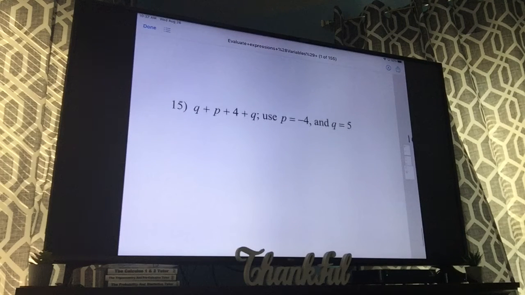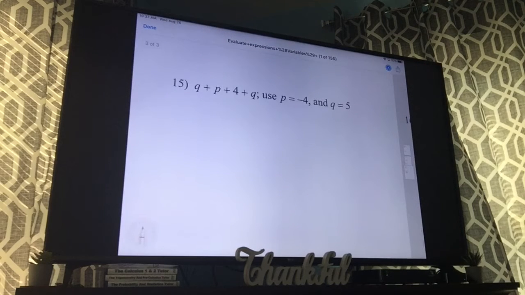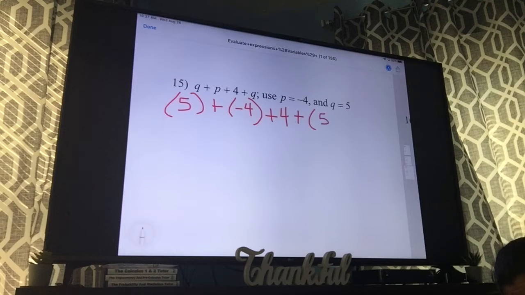Okay, 15 says Q plus P plus 4 plus Q. So our Q is 5, plus our P is negative 4, plus 4 plus our Q again, which is 5. Okay, in this one the parentheses kind of don't really matter. It's just a general rule of thumb that a negative trumps a positive. So 5 plus negative 4 is going to be 1.